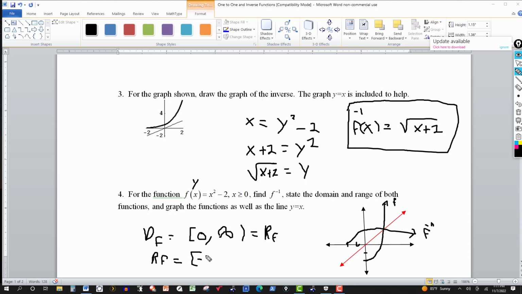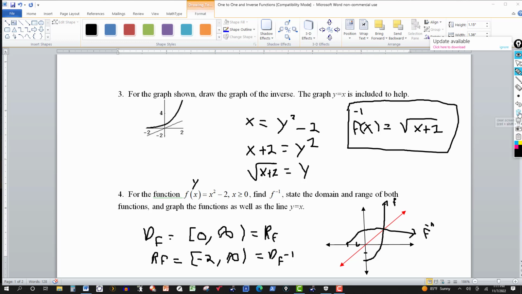That should be the same thing as the domain of the inverse, because you can see the x value of the inverse starts at -2 and continues to the right. So it's everything greater than -2, so it's -2 to infinity. So that's the domain of the inverse and the range of the function.